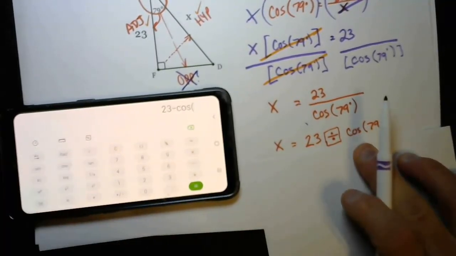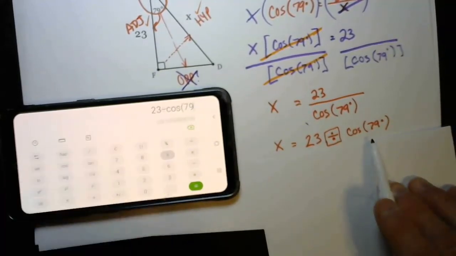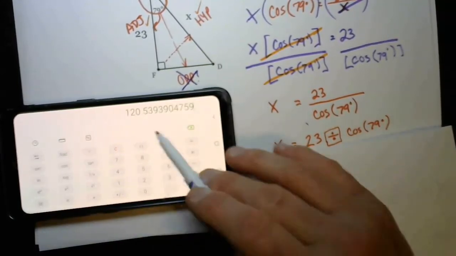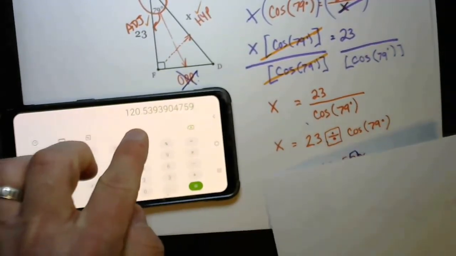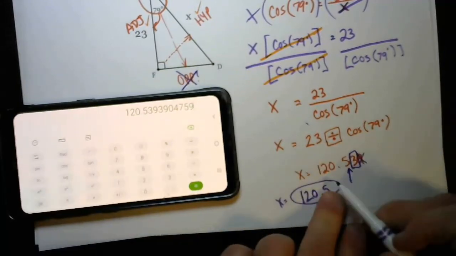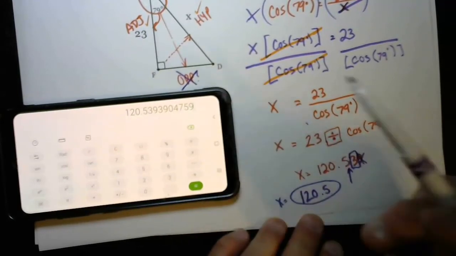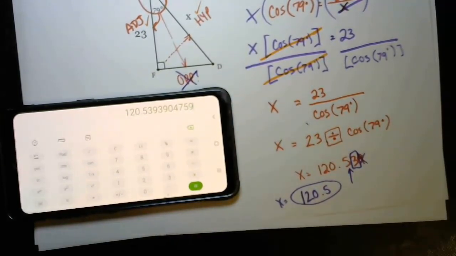I press my cosine key, and look, it looks just like this. 79, close my parentheses, and I hit equal, and it gives me 120.539. So that's going to be 120.5. And that's how you do it with the Samsung. I'm a big Apple fan, but I do prefer the Samsung calculator.